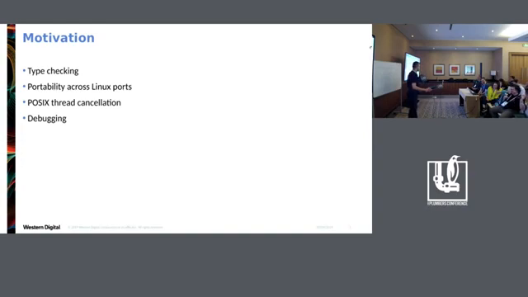One of them is type checking, which is, I think, obvious. The other one is portability across Linux ports, which means essentially you have a C interface where you can invoke the syscall as if it were a usual C function.